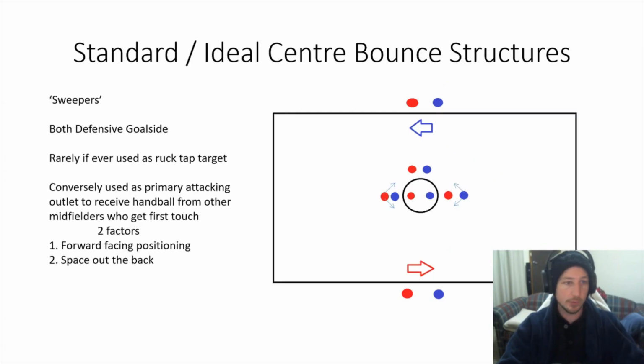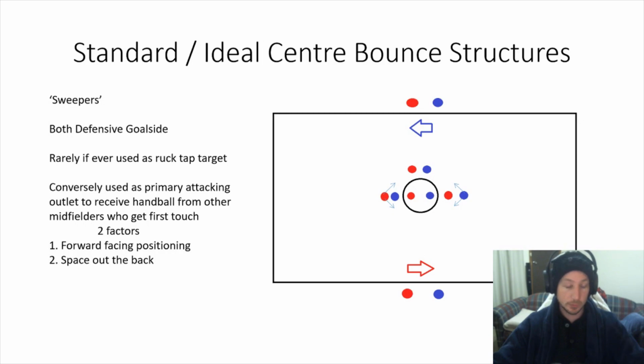So position 3 here, sweepers. This is really a stable standard position. Every single team had a sweeper across every level of play, and it's very similar across those levels. The defensive goal-side sweeper you see here rarely, if ever, uses a ruck, because it makes sense, they're at the back.